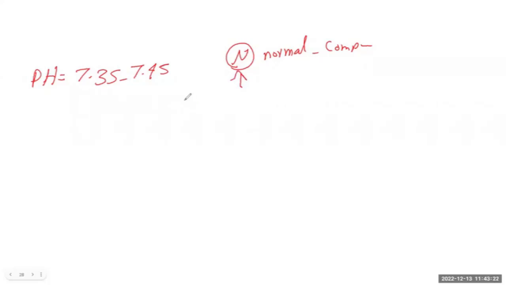Increased pH means alkalosis. What if pH is low? So there is acidosis. Then I will look at carbon dioxide and bicarb to know if the problem is metabolic or respiratory. So the first part of the answer is to look at the pH, to know is it normal, or is there alkalosis, or acidosis.